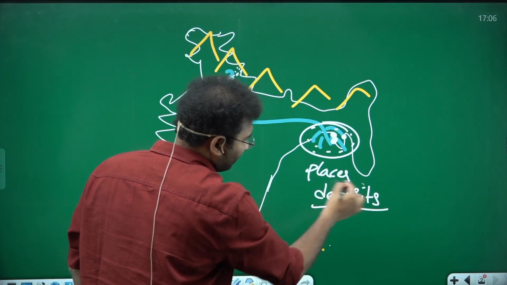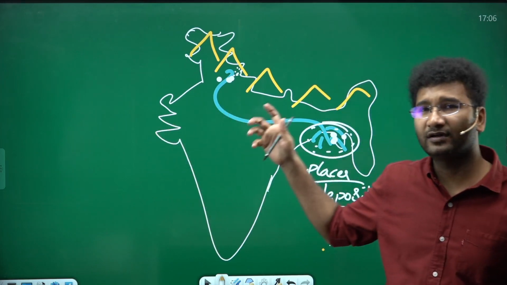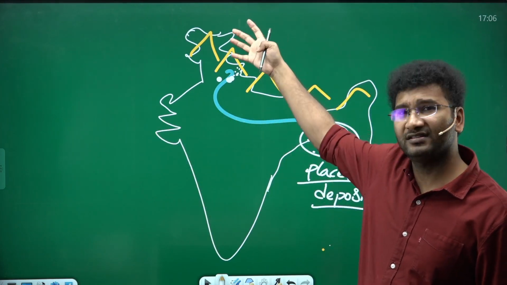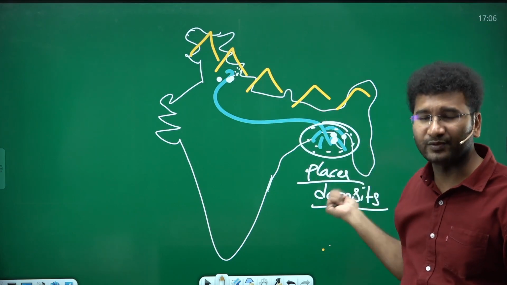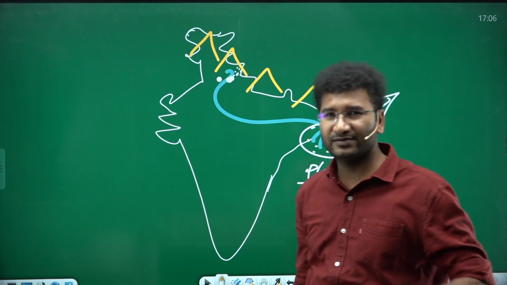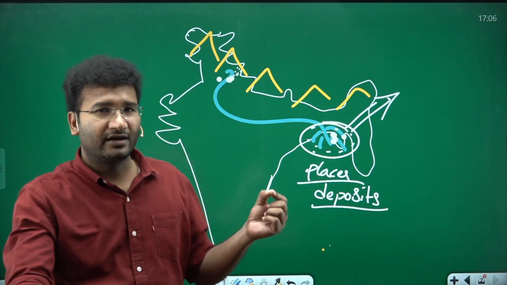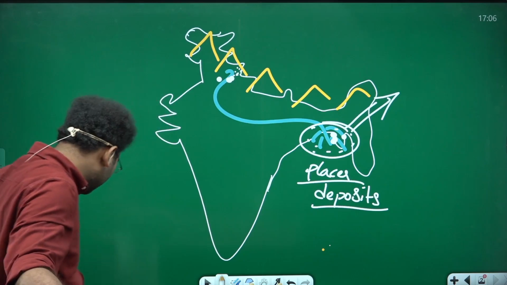Okay? These placer deposits are very small finer particles which are found. The source rock is somewhere else. The source of this particular mineral is somewhere else, but they are found elsewhere. Such minerals are called placer deposit minerals, which are found in the form of tiny deposited materials, right? Now come back.